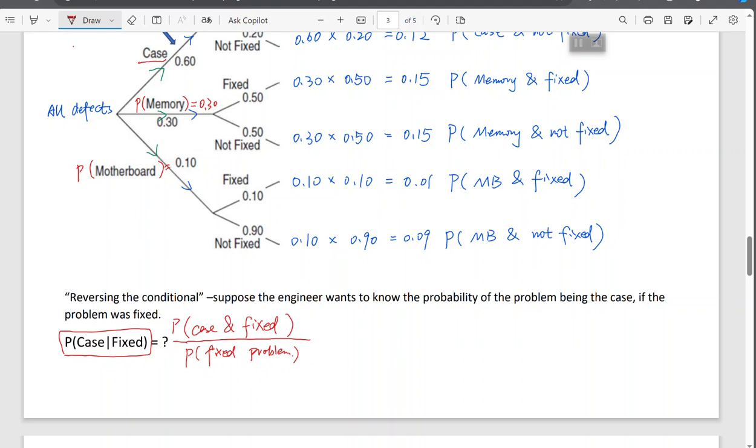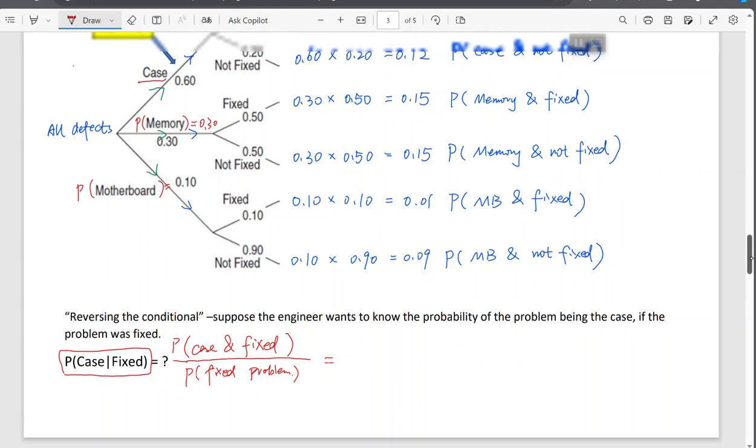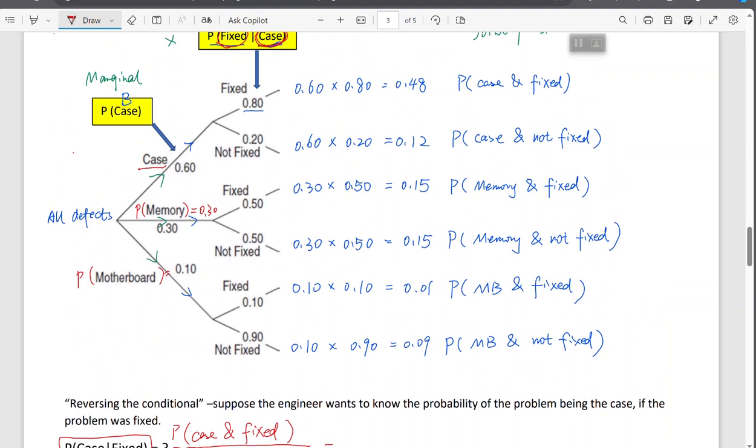Let's try to find it. Remember, in the probability tree or any kind of tree, we always look at the end nodes. So we will look at these end probabilities, these 6 subgroups.